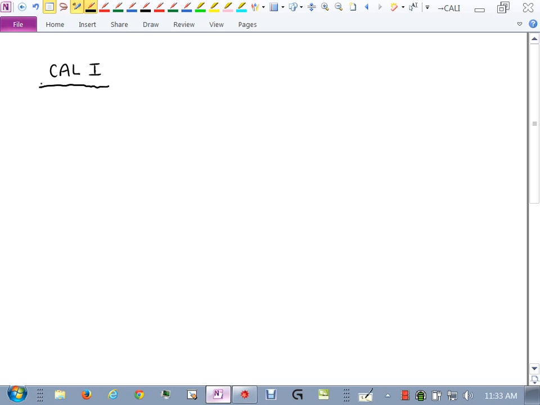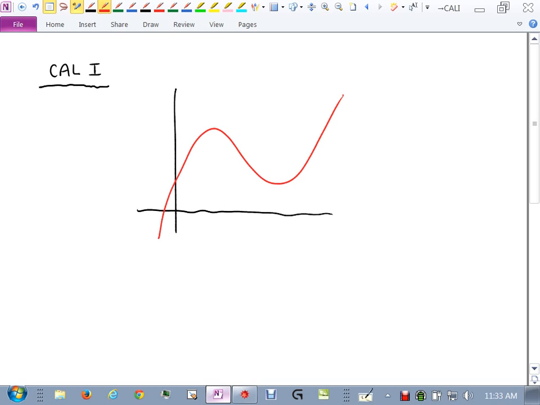So, Cal 1, tell me about Cal 1 geometrically. Like geometrically, what's that? Optimization, so things like a farmer wants to build a pen, right? What else? Anything else visually? Okay, so let's say I have a graph. What does the derivative mean?